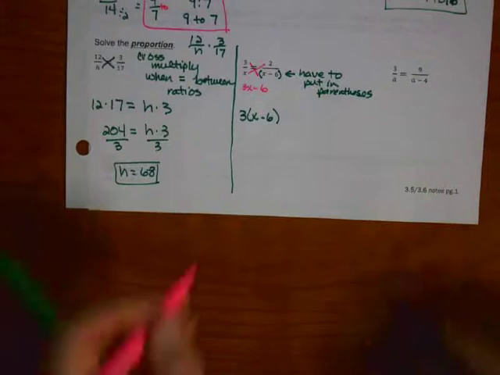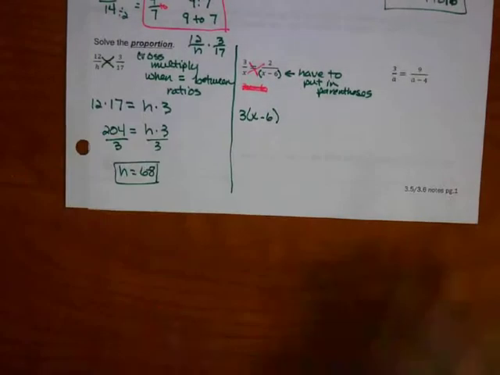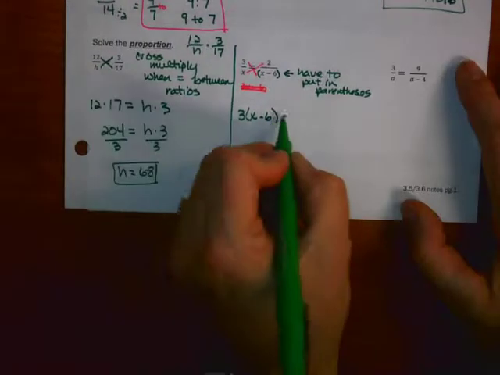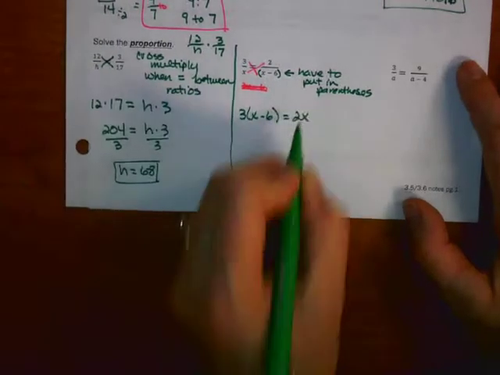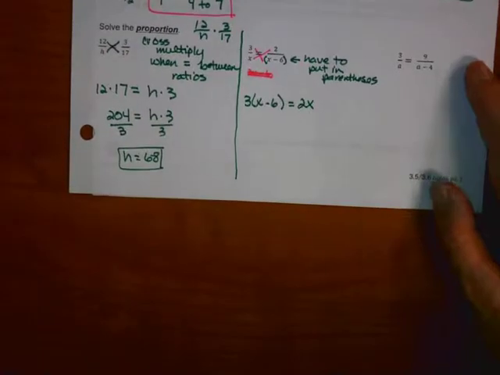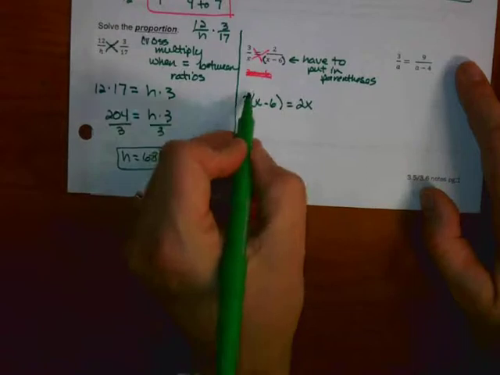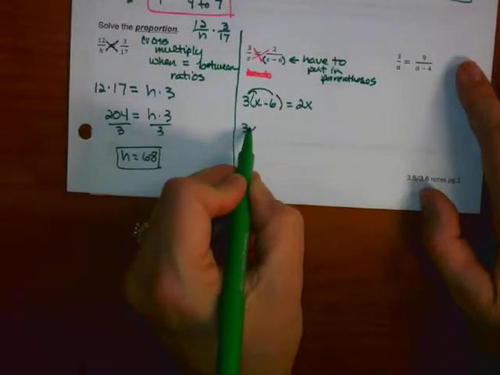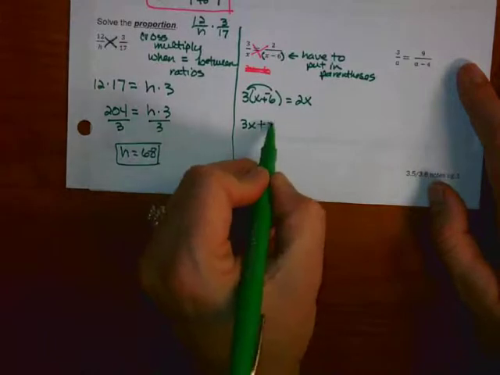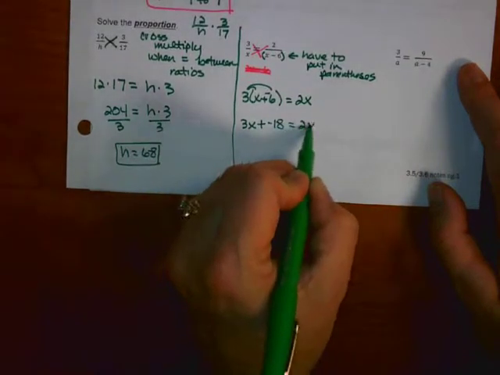It would be 3x minus 18, and then 2 times x. Now you've got an algebra problem to solve. Distribute that 3. Change that to adding a negative. Plus a negative 18 equals 2x.